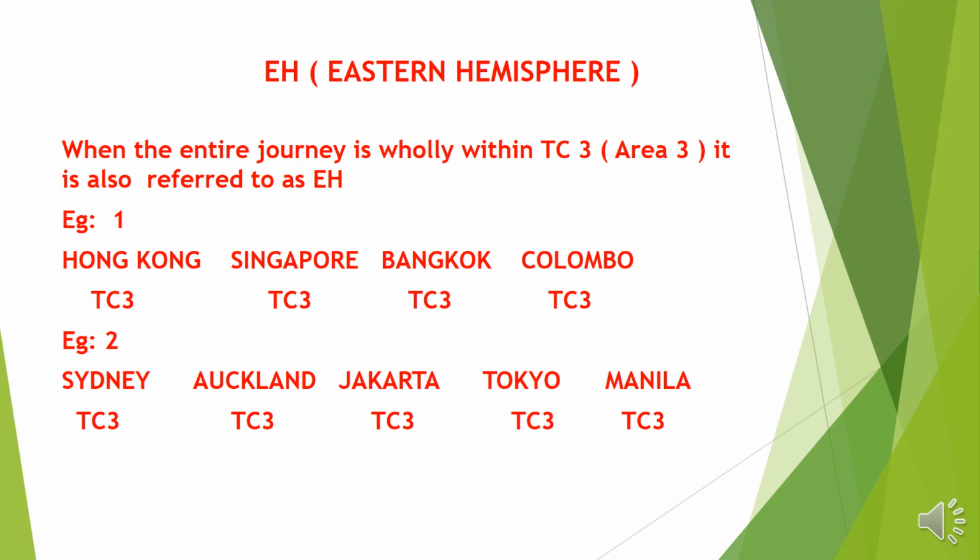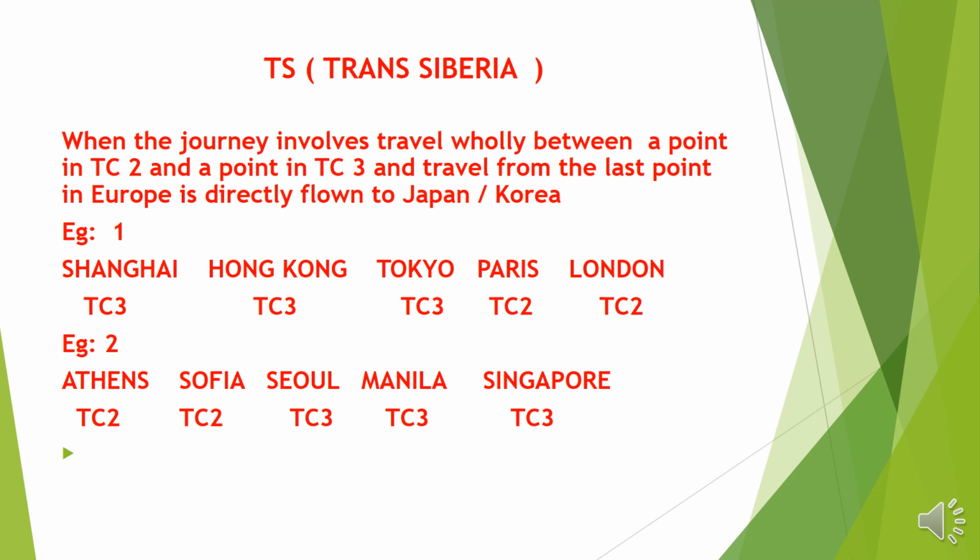as EH. Now Trans-Siberian. Here the journey should involve travel wholly between a point in TC2 and a point in TC3, and travel from the last point in Europe is directly flown to Japan or Korea.